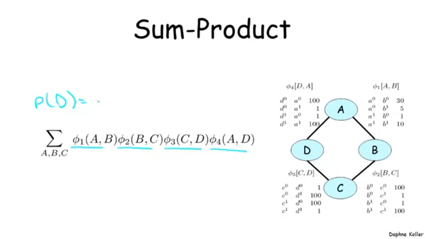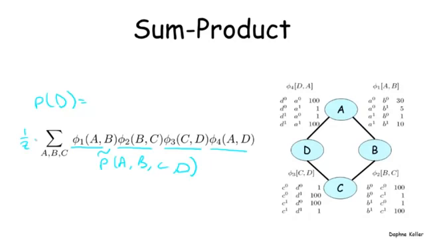Now, what I wrote here is not actually quite right, because the product of the factors isn't actually, in Markov networks, P of A, B, C, D. Rather, it's P tilde of A, B, C, D, which is the unnormalized measure. And in order to get the normalized measure, we need to normalize or divide by the partition function. So how do we deal with that if our goal is to compute P of D?